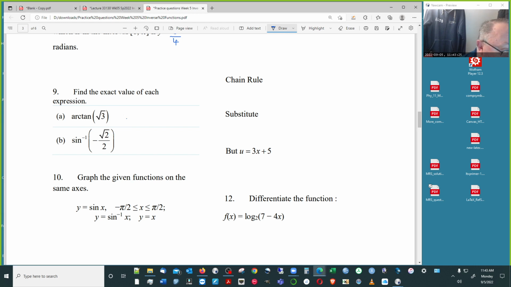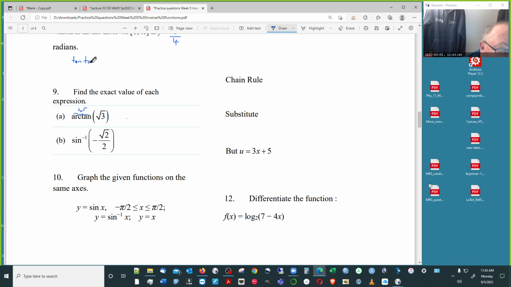Alright, so for the exact value of these expressions, you just need to go back to your basics and think about what's being asked. If we take arctan, which is tan to the minus 1, it's just another way of saying it.